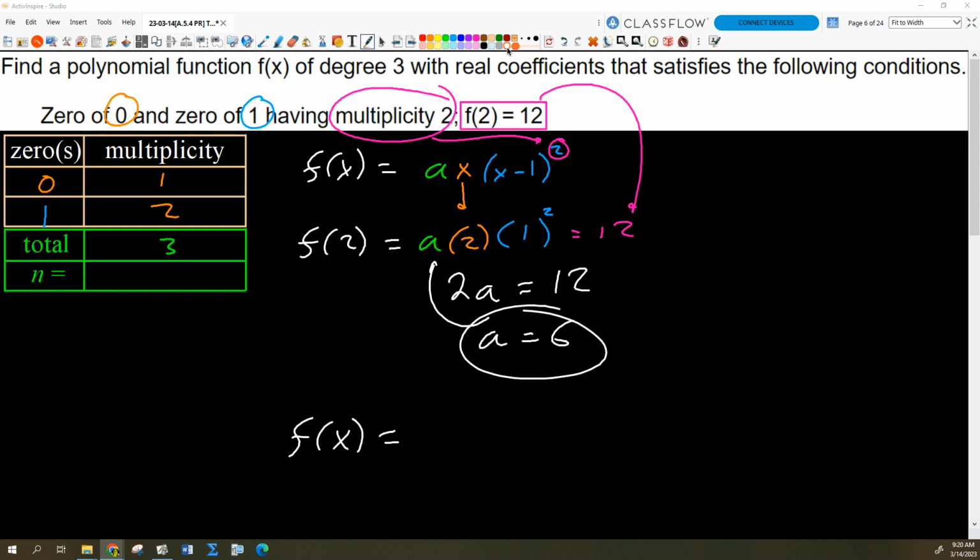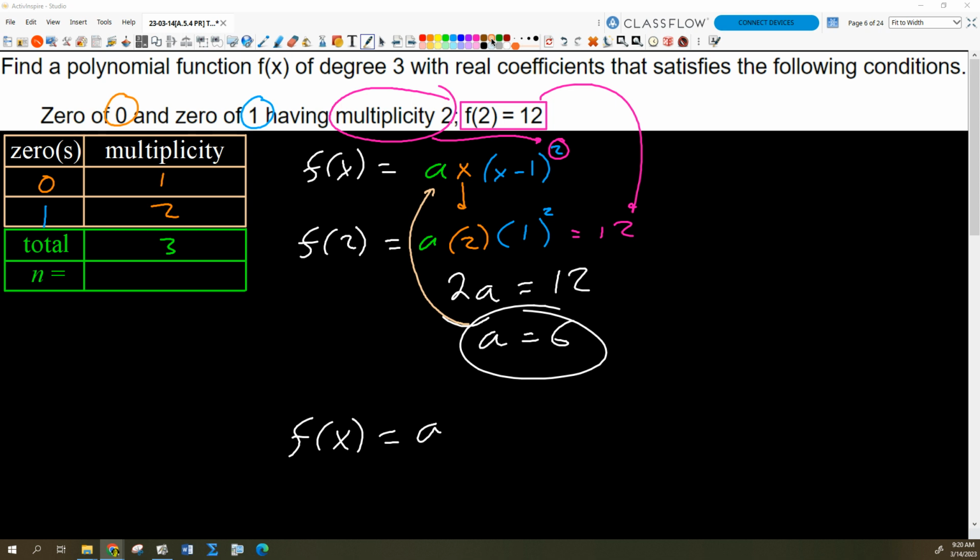F of x has to equal A. Actually, I'm plugging it in, not there. Sorry. I'm plugging it into my function, the actual original function. I'm going to plug that value of A into the function, right?